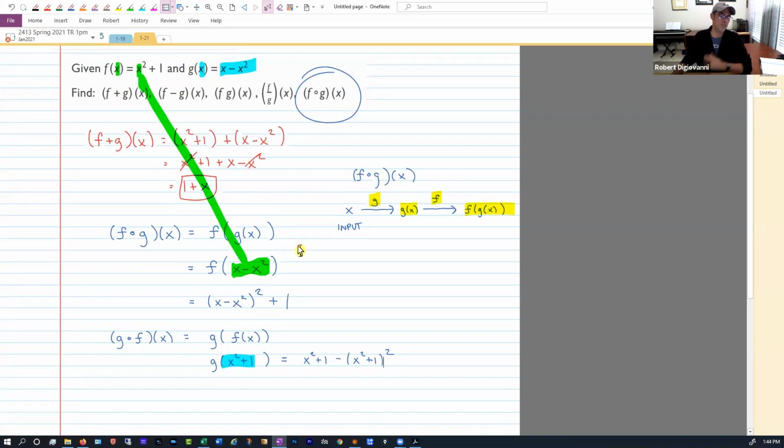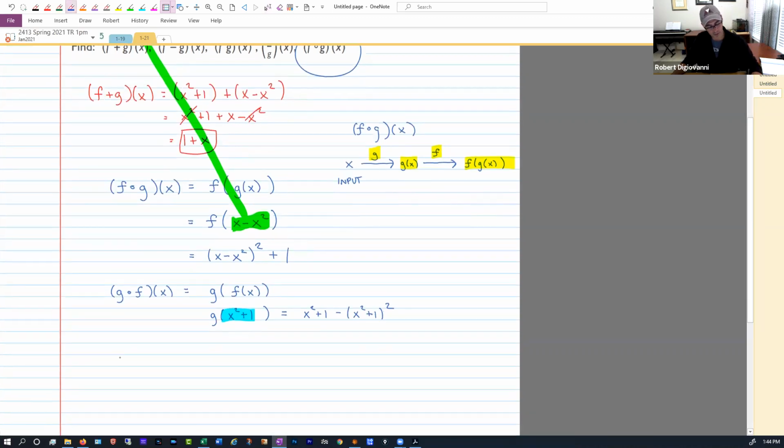Now, I bet you most of you did f of g of x in college algebra and g of f of x. But what about this? Why not do f of f of x? I mean, there's nothing that tells us we can't. So this means we're going to take f, and inside we're going to plug in f. So we start out with f, which is x squared plus 1, right?